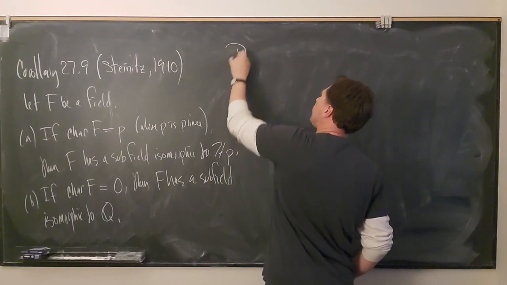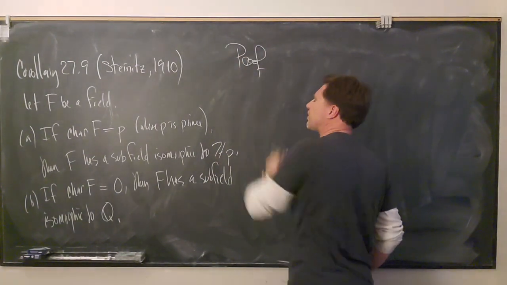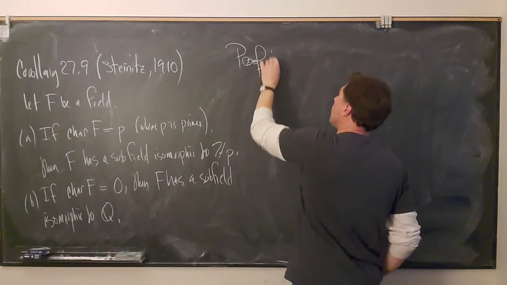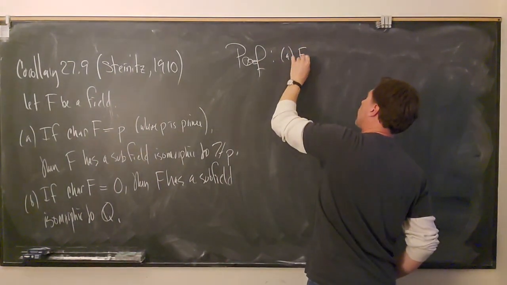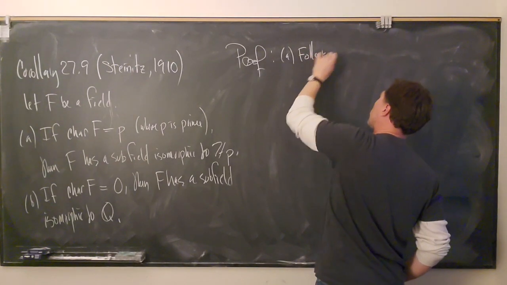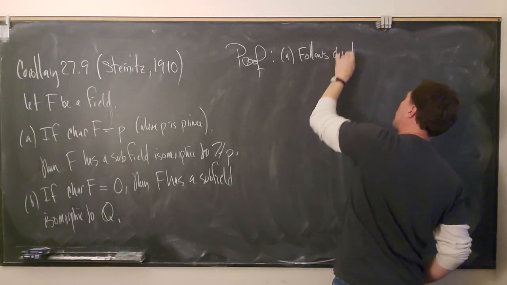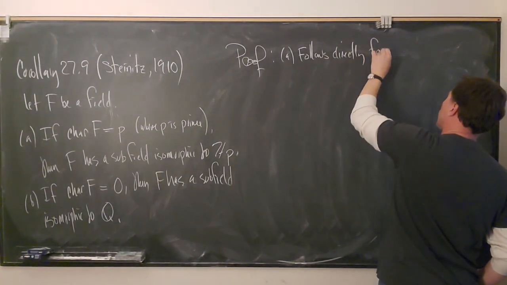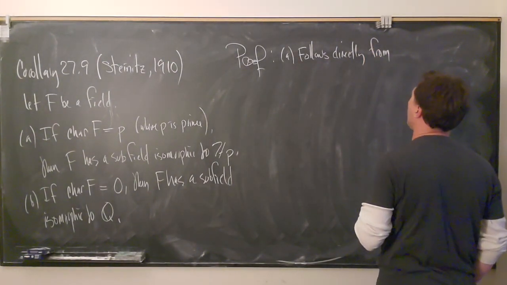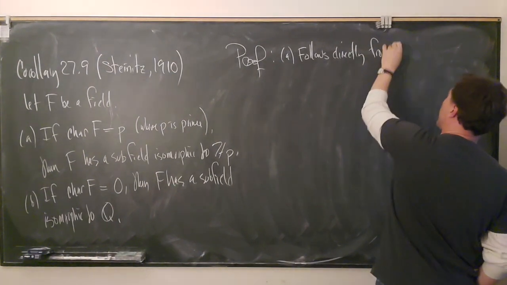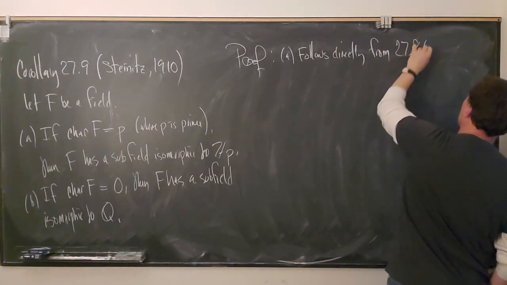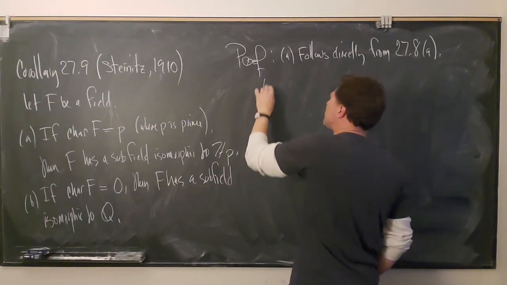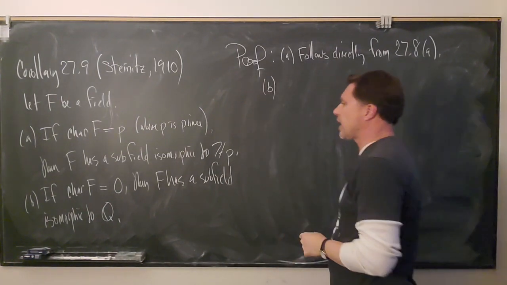So in the proof, notice for part A, there's nothing to do. This follows directly from our previous corollary, 27.8a. There's not really work to do in part B, but here's the idea.